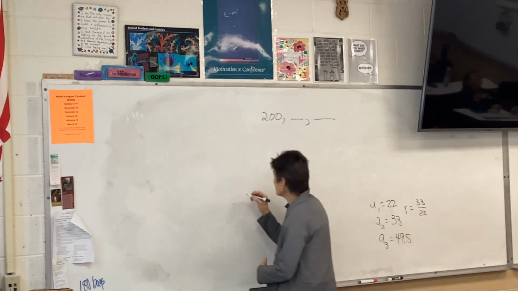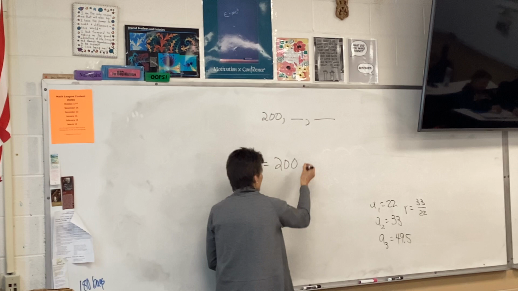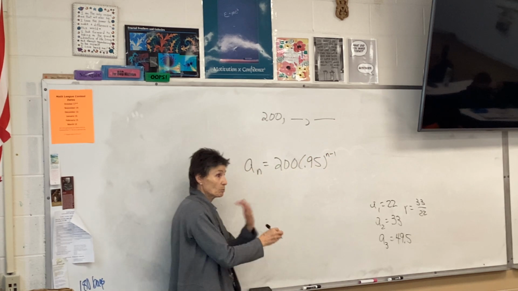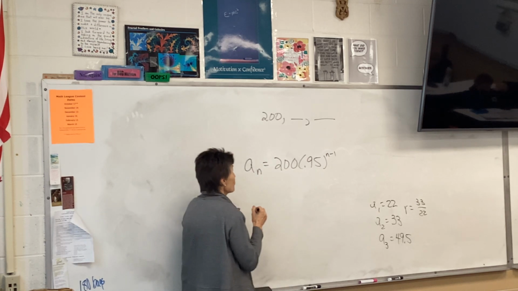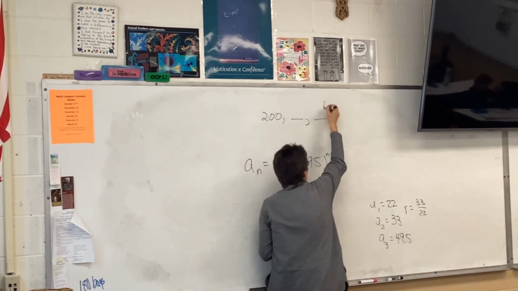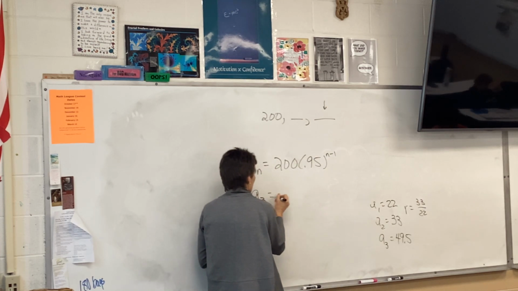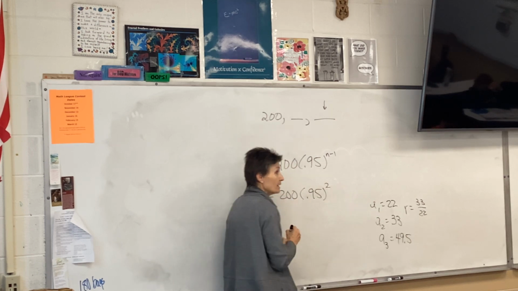So my formula is going to be the first term times 0.95 to the n minus 1. This will find any term I want. So to find the third term, I'll put a 3 in here and end up just taking 200 times 0.95 to the second.